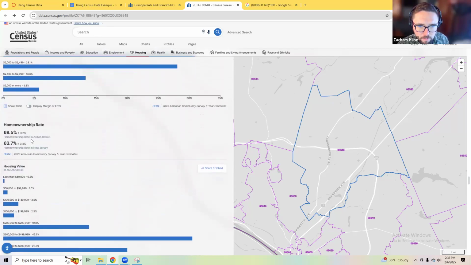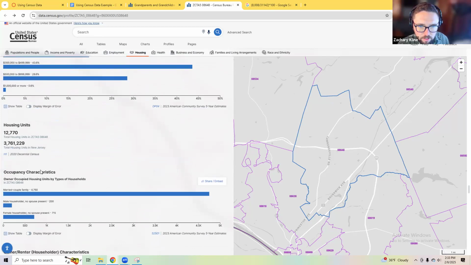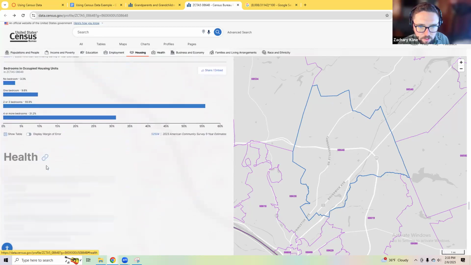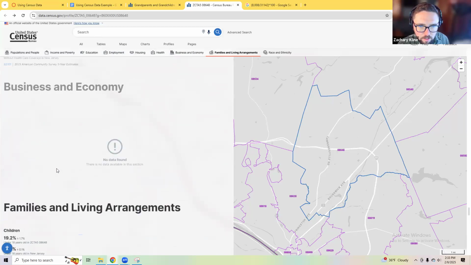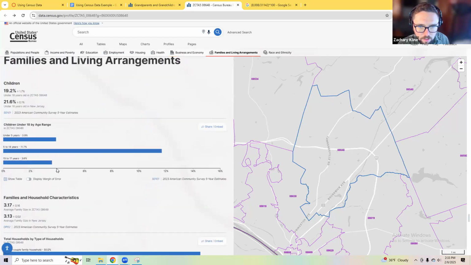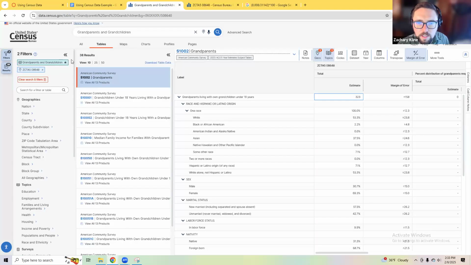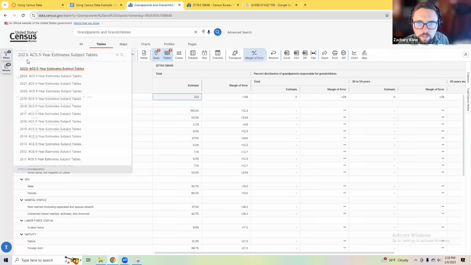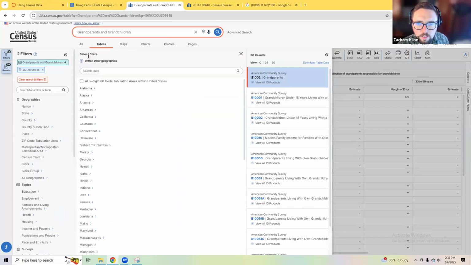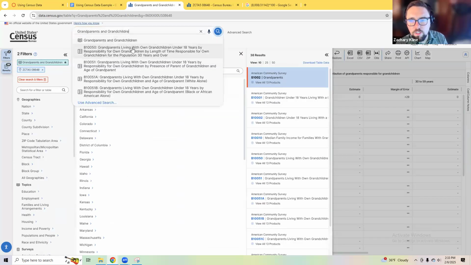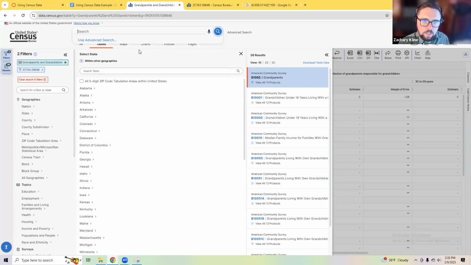This is home ownership. Maybe not that one. Let's get rid of our grandparents and grandchildren filters. Let's try searching for income.